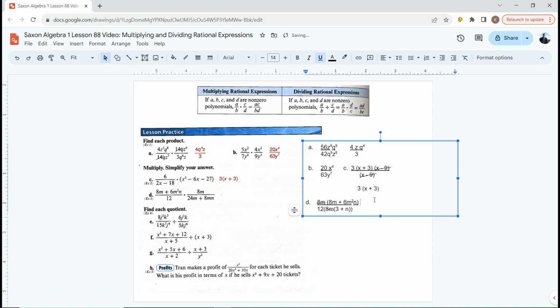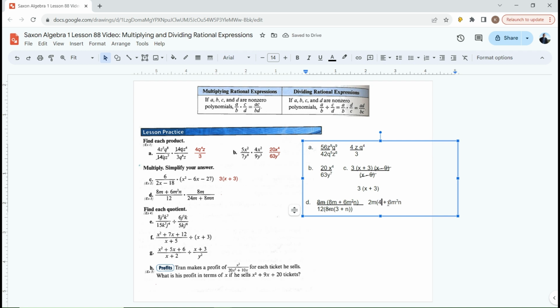So in the numerator, now this gives me 8m plus 6m squared n. Okay. Hey, is there anything I can factor out of there right away? Well, if I look at this, I notice I could pull a 2m out of both of these terms. 2m pulled out of 8m gives me 4.